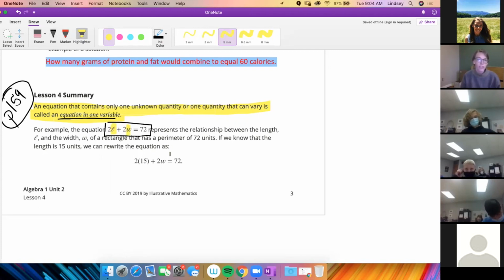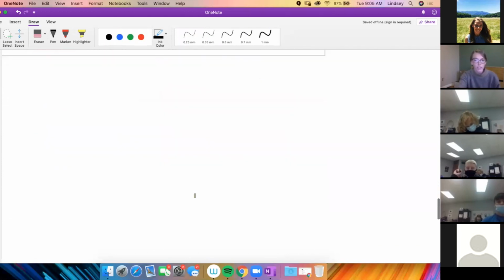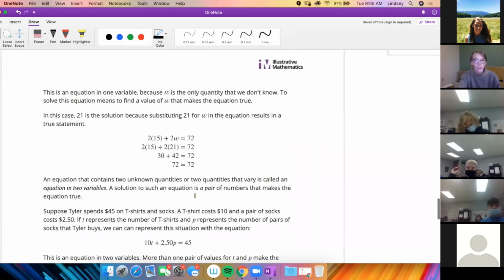But if it gives you that the length is 15 units, then this equation would only have one unknown variable. So that's an equation in one variable, meaning there's only one variable that you don't know the value of. Okay, moving on to the next page.